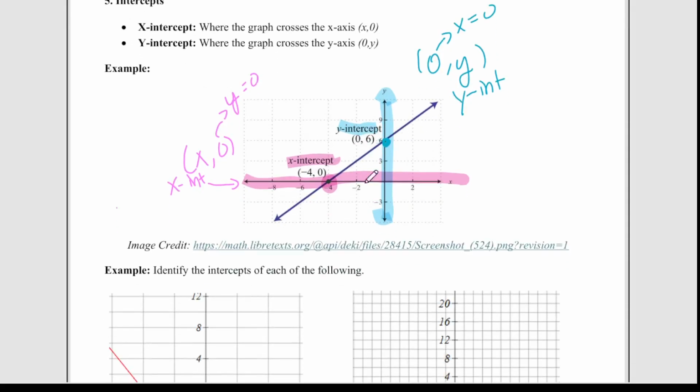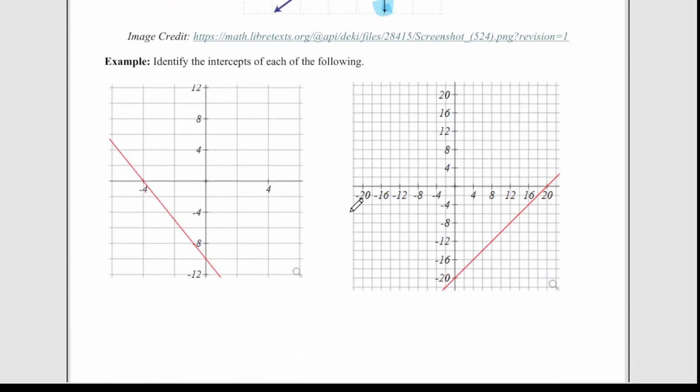The nicest way to try to identify them is visually, because you can see visually that an x-intercept crosses that x-axis, while a y-intercept is going to visually cross that y-axis, and then you label the points according to how you would normally label those coordinates. So go ahead and pause your video and see if you can identify the intercepts in each of these depictions.